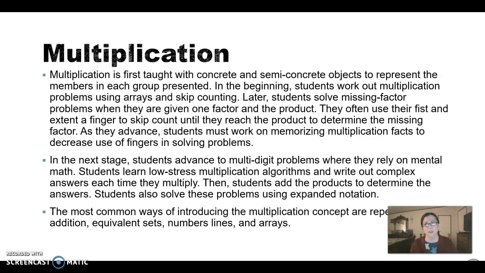For this, they often use their fists and extend a finger to skip count until they reach the product to determine the missing factor. And as they advance, students must work on memorizing multiplication facts to decrease the use of the fingers in solving problems.